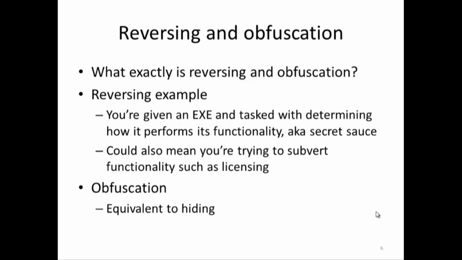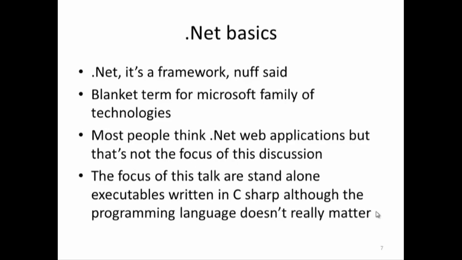That's what we're talking about today when it relates to reversing. And obfuscation simply means hiding. I'll go ahead and say now that it's not necessarily encryption. It could be an encoding, or it could just be somebody's logic that tries to scramble stuff. So that's the general term for obfuscation.